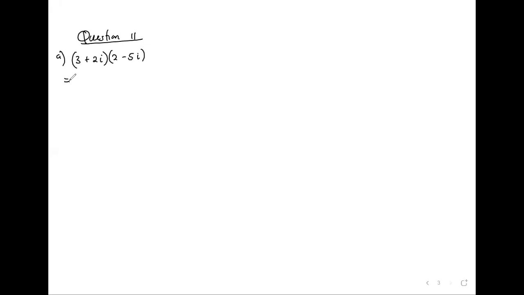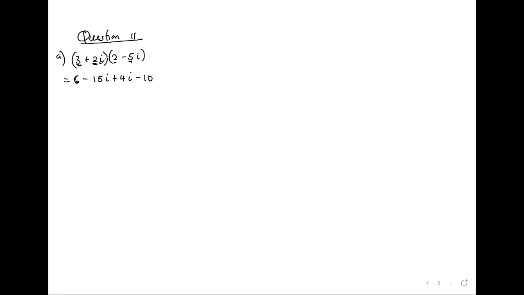This is equal to 3 times 2, we get 6. 3 times 5, we get negative 15i. 2 times 2, we get 4i. 2 times 5, negative 10.